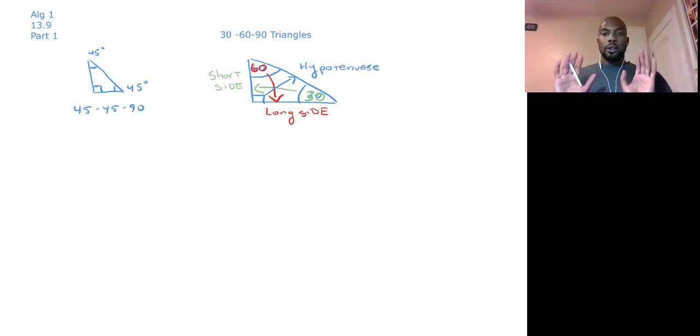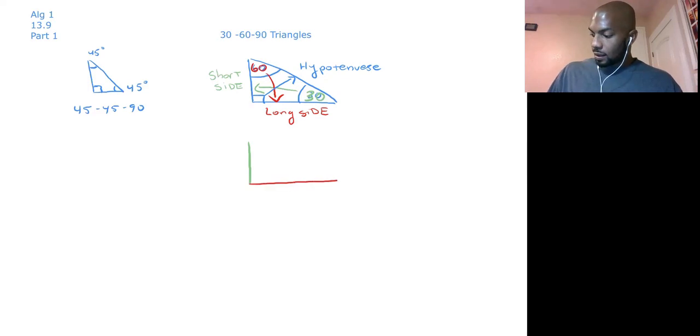All right, so I'm going to redraw this triangle with the correct colors and their sides. The short side will be green. The long side will be red. And then the hypotenuse, which is really the longest side, but we're not going to call it that, we're going to call it the hypotenuse. Its color is blue.